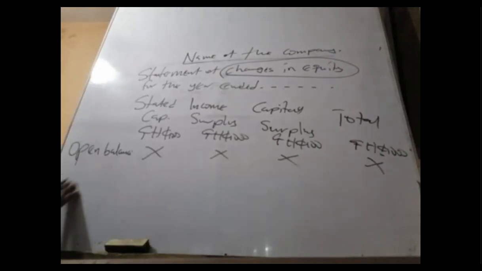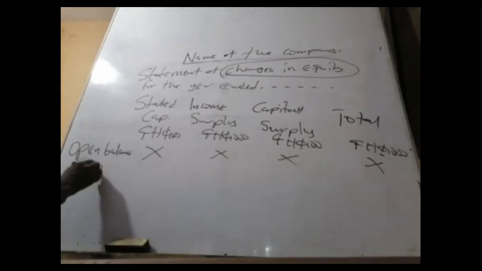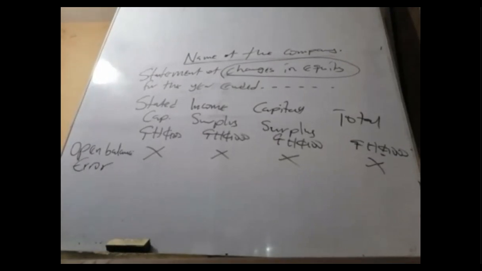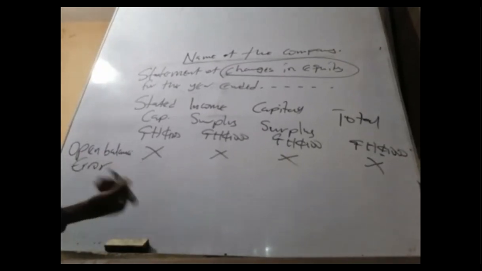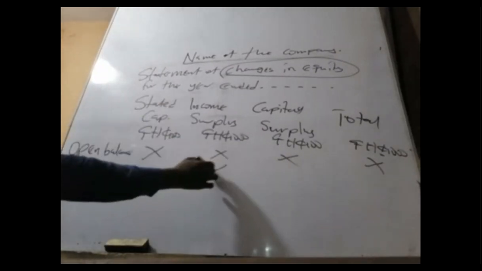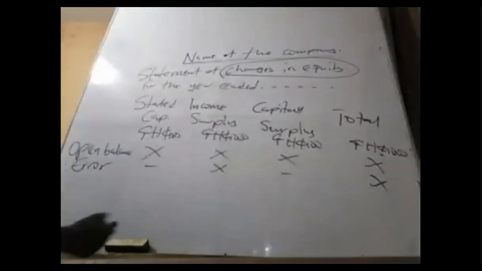Then immediately, if there's any error coming from the previous year, any mistake committed previously, we call it prior period errors. Kindly correct it, normally to affect the income surplus.